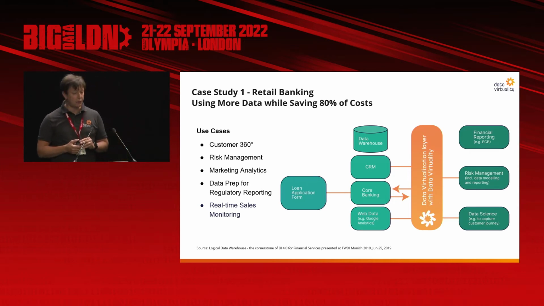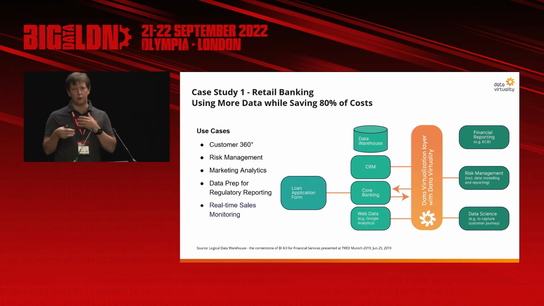Another thing which was also not typical for a data warehousing environment was the real-time monitoring and sales management of their online sales platforms. They are selling different consumer loans, consumer credits to different customers, and it's a very quick-paced business. At any moment of time, the situation on the market can change.